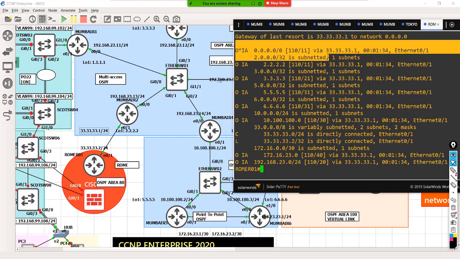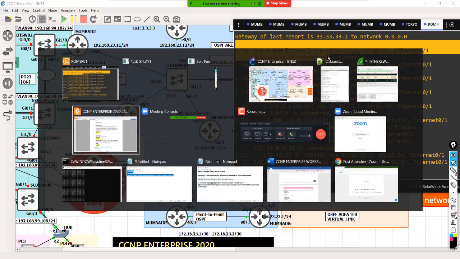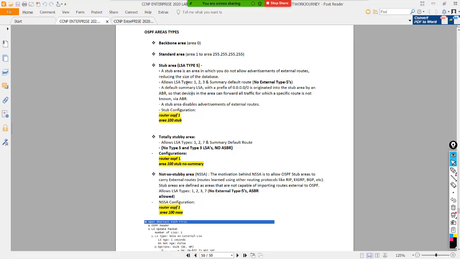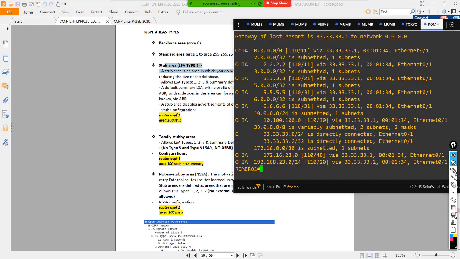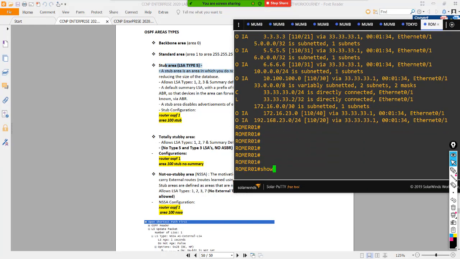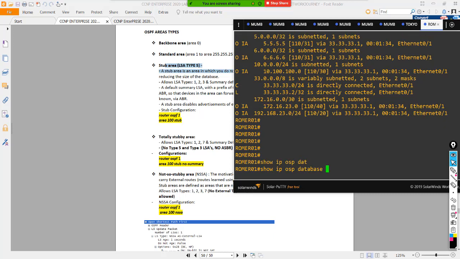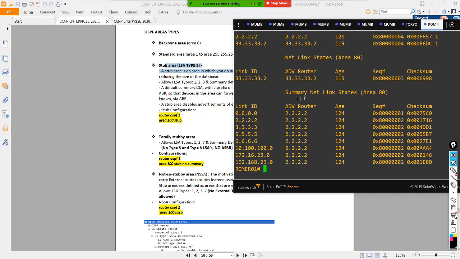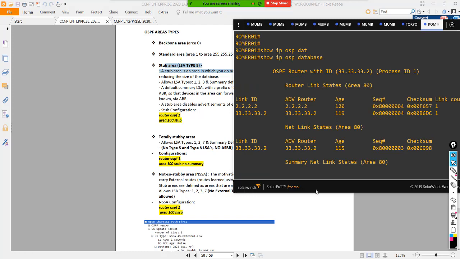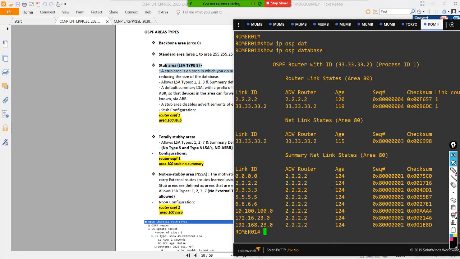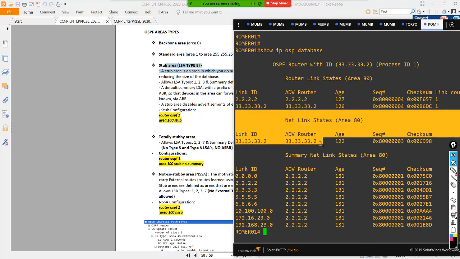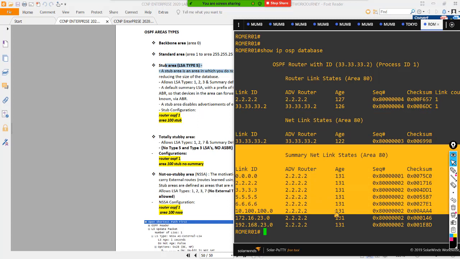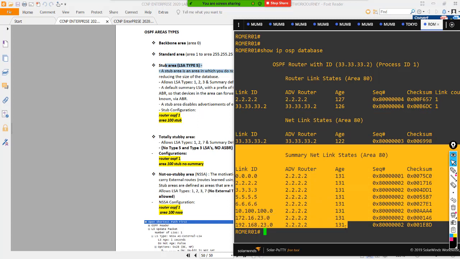Now this is called a stub area. Let me go back to my theory. So what happens in a stub area? Let me show you the database. When I do show ip ospf database, you will be surprised, there is no type 5 LSA. This is type 1 LSA, type 2 and type 3. There is no LSA 4 and LSA 5.